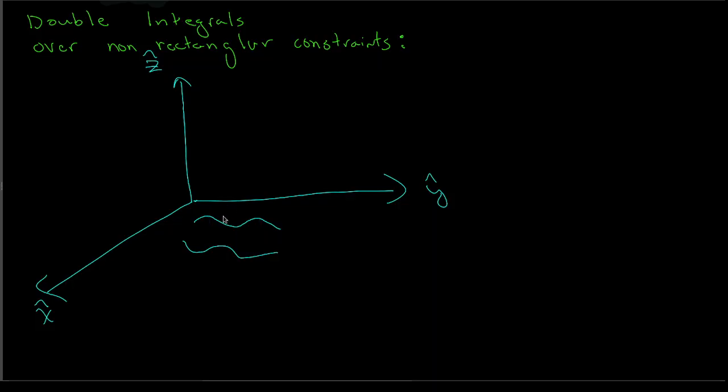Let me change my orientation here. All right, we have constraints here, and these constraints are limiting the boundaries of our xy, and then we have some function z that creates a surface above this.